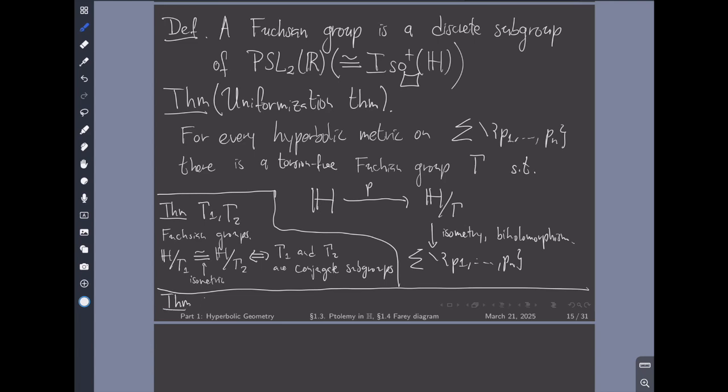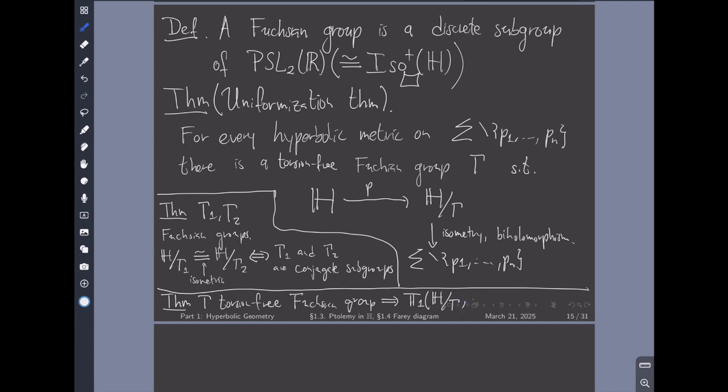If you have gamma a torsion-free Fuchsian group, the fundamental group of the surface H modulo gamma, based at some point, right?